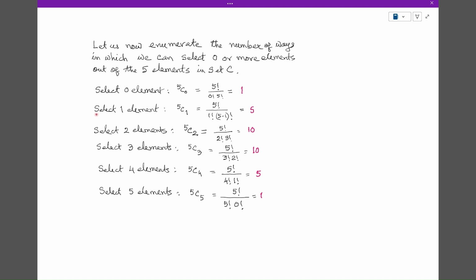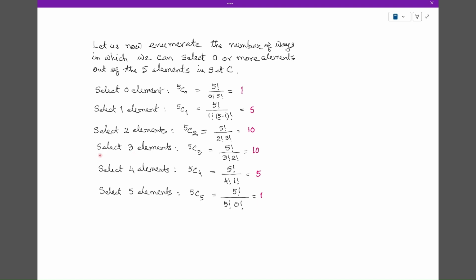Similarly, we can select one element in 5C1 ways, that is 5 factorial divided by 1 factorial multiplied by 5 minus 1 factorial, and this will work out to 5. When you select 2 elements out of 5, that is 5C2, we get 5 factorial divided by 2 factorial multiplied by 3 factorial, which comes out to 10.